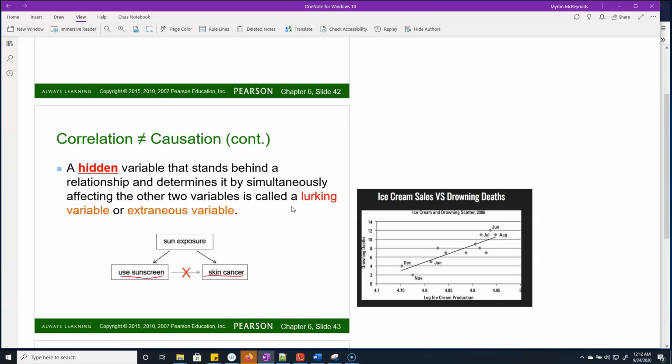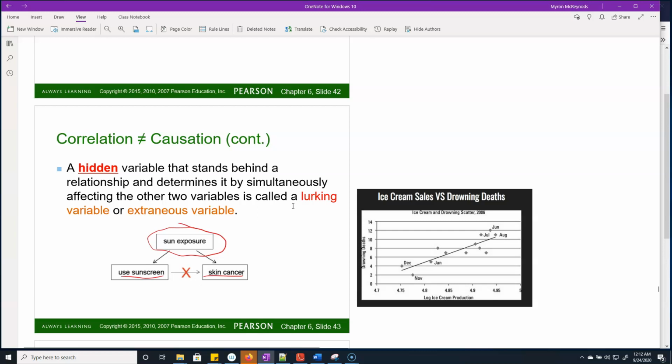People that use sunscreen usually have a higher chance of having skin cancer, but it's not causing it. The key component here is both of them have a lot of sun exposure. If you're using sunscreen, that means you're having a lot of sun exposure, which is what is causing the skin cancer. So without talking about the amount of sun exposure someone's getting, you're missing a big part of the equation here.